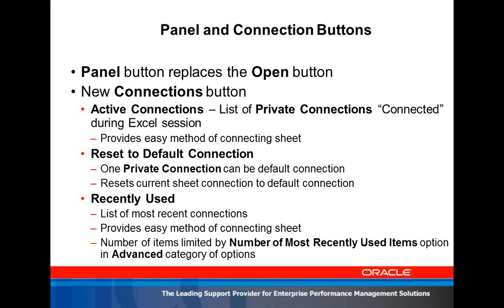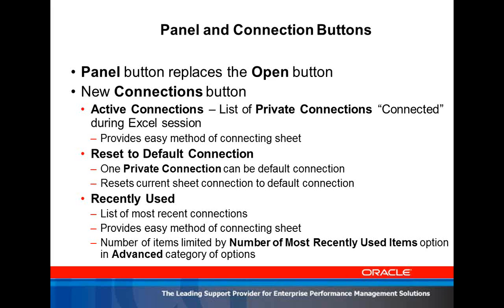One called Active Connections, which can be handy for connecting a sheet without having to go to the SmartView panel. If you have a private connection, that's one of the first criteria, and you have to know what a private connection is, then you can connect to any one of your previously connected private connections from this active connections list.